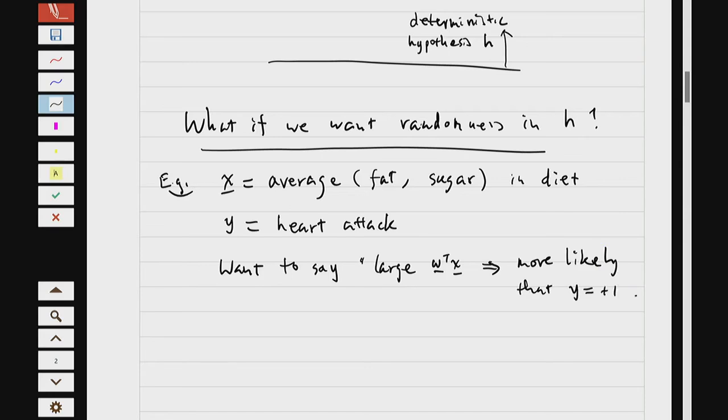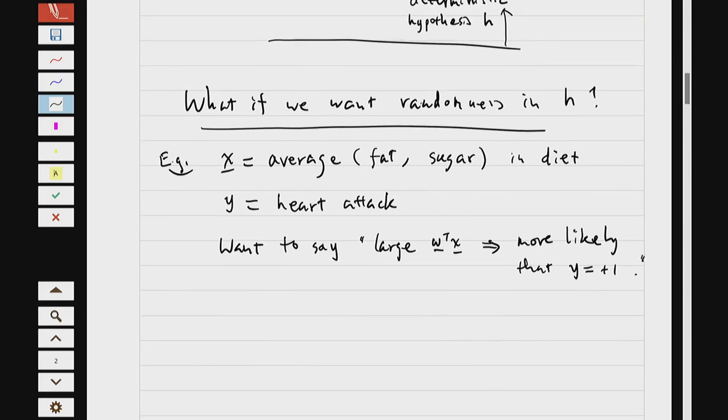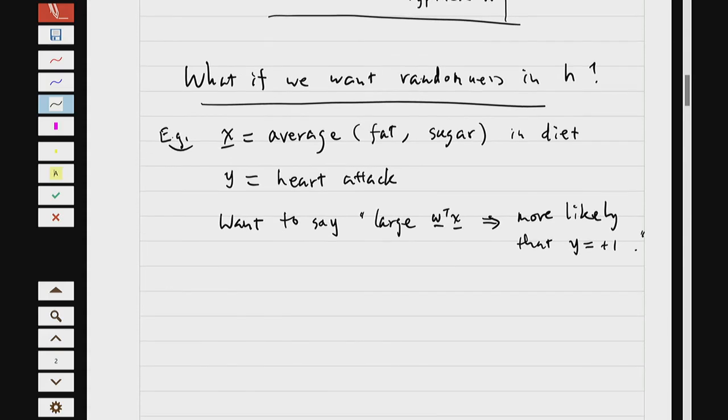Make sense? Now, exactly what are the weights of fat and sugar? Well, it depends. That's something that you can maybe use historical data to compute. But in general, we would like to have this kind of statements. And what we have seen before, linear regression and linear classification, does not do this. Everyone agree, right? Those are deterministic hypotheses.